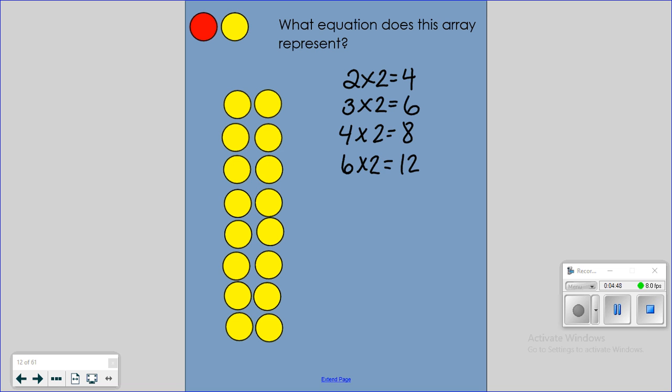What equation matches that now? A really giant array. Michael? 8 times 2. Oops, I wrote 9. 8 times 2, yep. What does that equal?